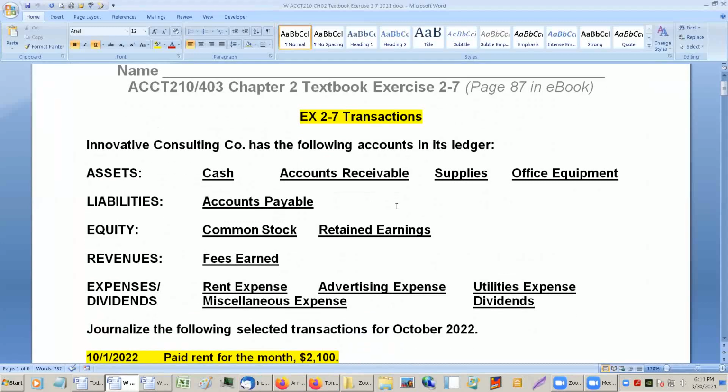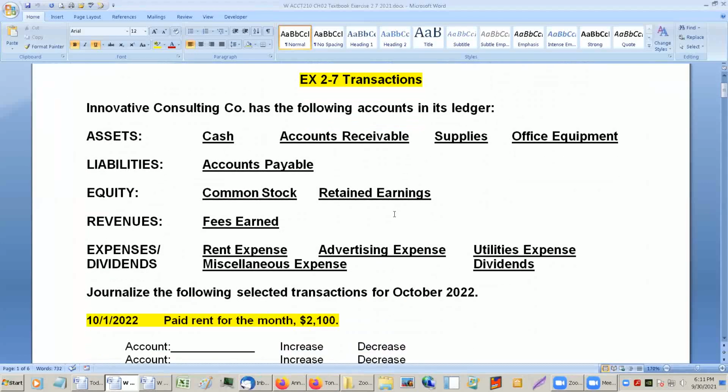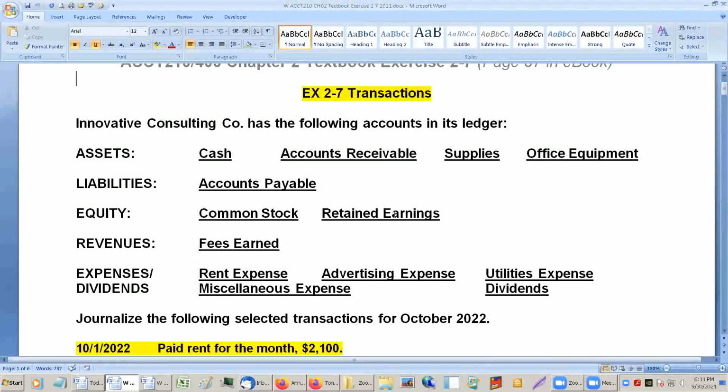Okay, so here are the accounts that are used by whatever business this is. Innovative Consulting.